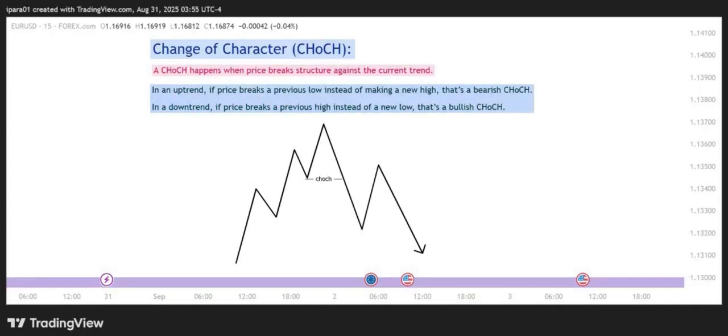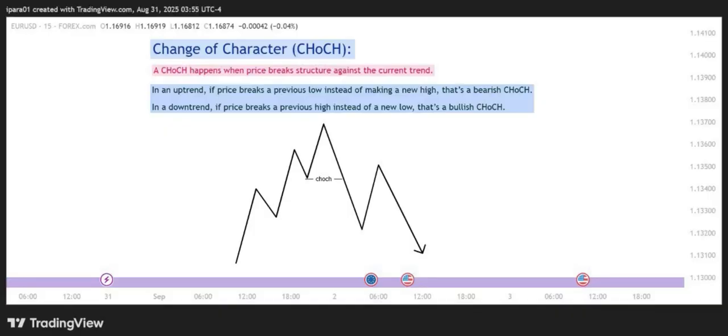Now, let's talk about CHOCH, which means change of character or change of structure. This one is different. A CHOCH happens when the market breaks structure in the opposite direction of the trend. For example, in an uptrend, instead of breaking a new high, the price breaks a previous low, that is a bearish CHOCH.